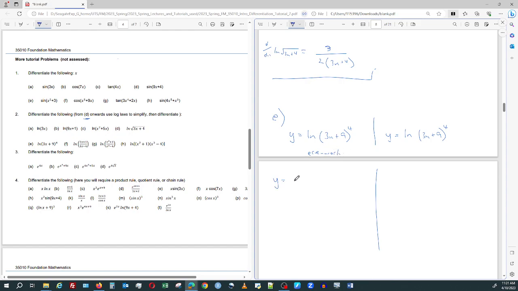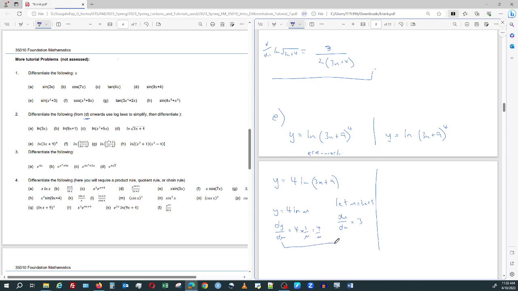So y would be 4 times the ln of 3x plus 9. So that means we would let u equal 3x plus 9. That means that du dx would be equal to 3. Over here, we would write y in terms of u as 4 ln of u, and so dy du, doing the calculus now, would be 4 times 1 over u, because the derivative of ln u is 1 over u, which is equal to 4 on u.